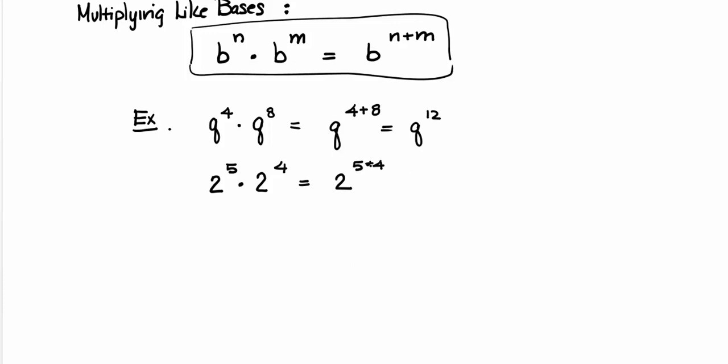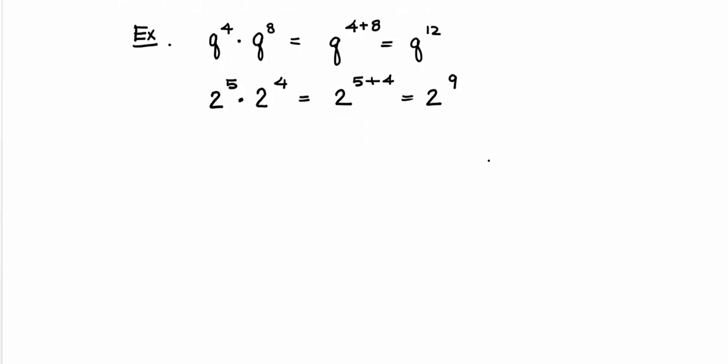I'm sorry, plus 4. I take 5 plus 4, and I get 2 to the 9th. And I can evaluate that out if I multiply 2 by itself 9 times. In fact, that actually gives me 512.